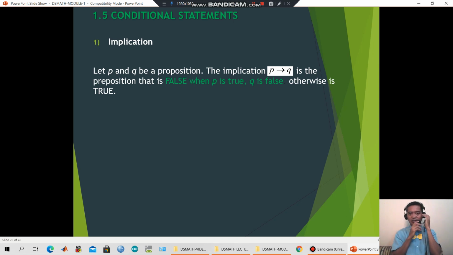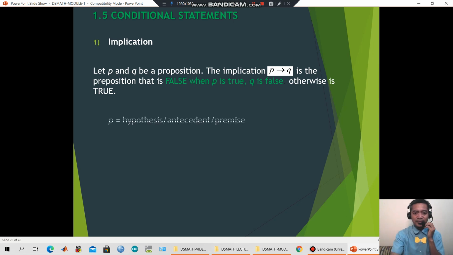So para dun sa conjunction and disjunction natin, lagi tayong may hint na isa, tapos nag-otherwise ka, yun ang sagot ng otherwise. So pag alam na natin una, madali na siya. So kapag false daw ang P, pag P daw ay true and then Q is false, then we have an output value of false.